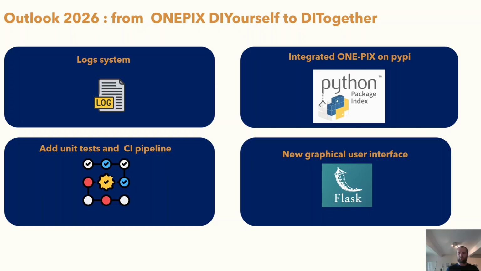We are working today on a log system, integrating ONE-PIX on PyPI, and adding some unit tests in a CI pipeline to integrate development from the community more easily. We are also working on a new graphical user interface to improve the ergonomics and be more modern.